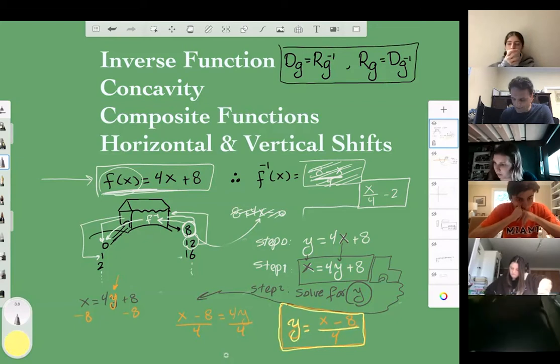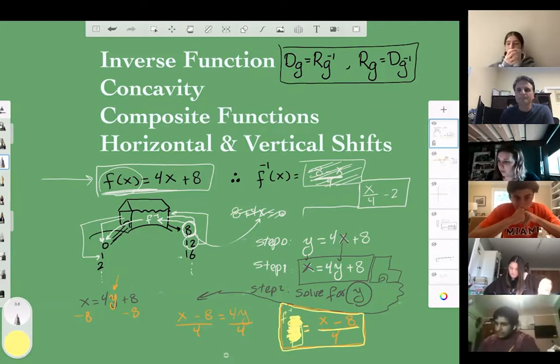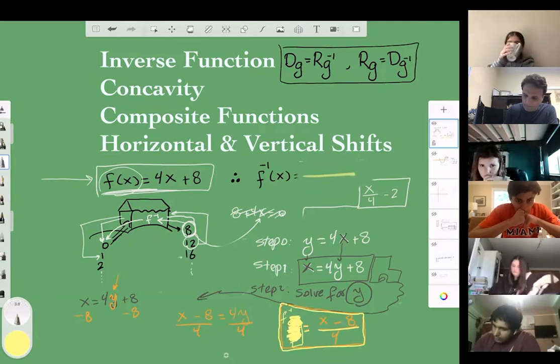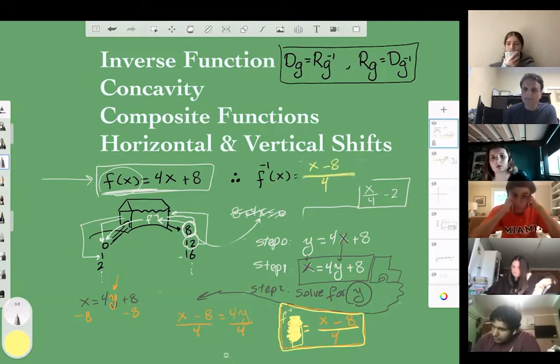The last step is you get rid of this y, just shade it, whatever you like to, and you put f inverse. Good. Or you go here, f inverse will be x minus 8 over 4.